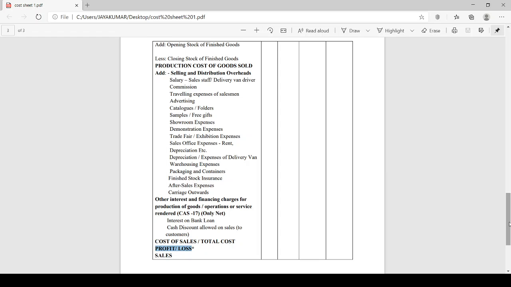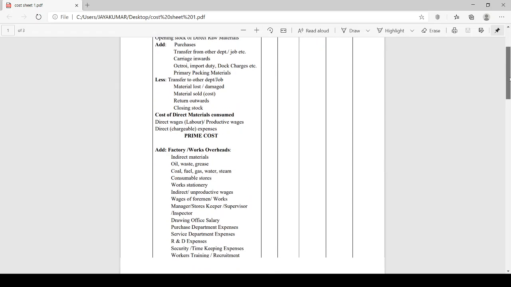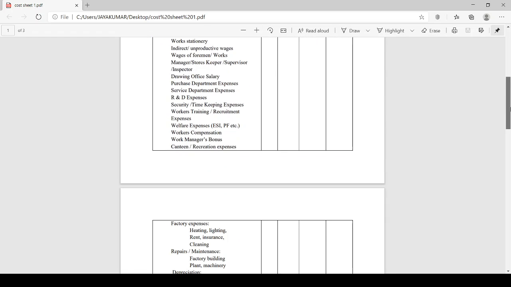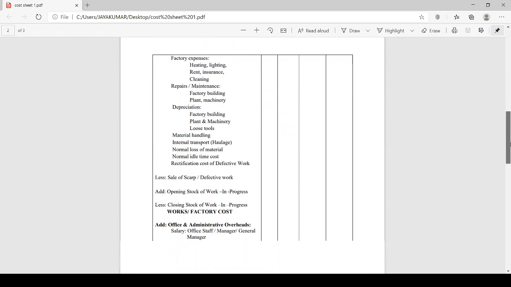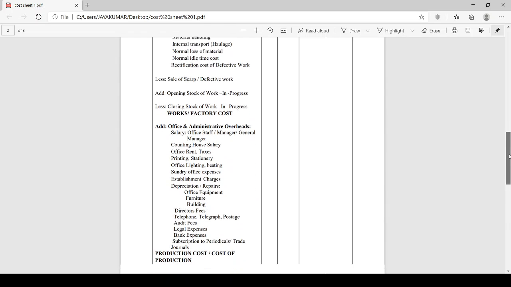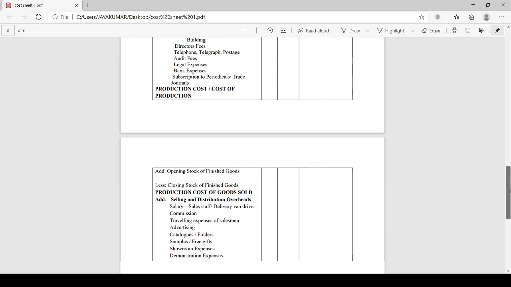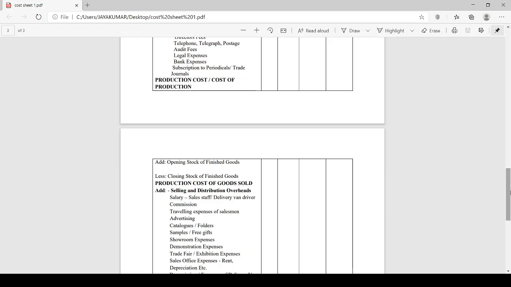We have seen the different heads of the cost sheet. The prime cost is direct materials plus direct labor plus direct expenses. To the prime cost, we have added factory overheads. We got the factory cost or works cost. To the factory cost, we have added office or administration overheads. We got production cost or cost of production. Then we added opening stock of finished goods and deducted closing stock of finished goods.